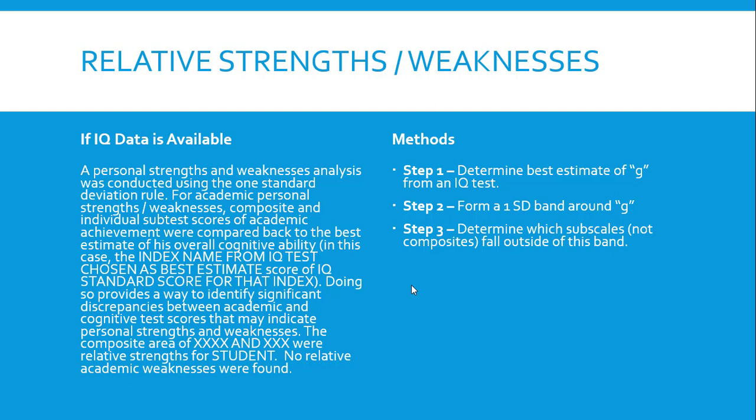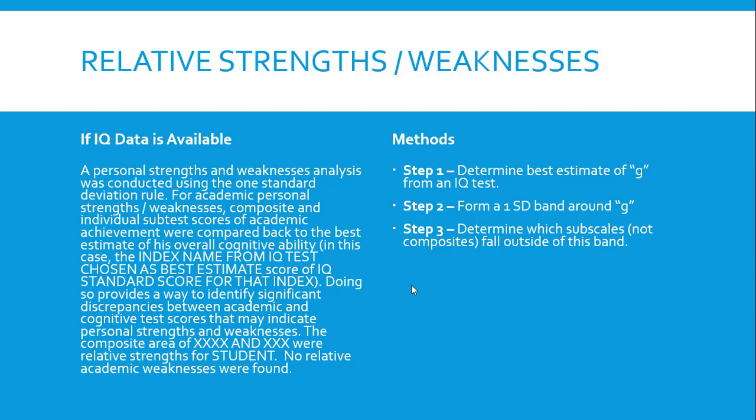And so what they're saying is normatively based, is it unusually low? And there's a whole other class where we talk about what unusually low is defined as. But there's less of a focus now than there ever was before on relative strengths and weaknesses specific to achievement testing. But it's still helpful sometimes to put this in there.